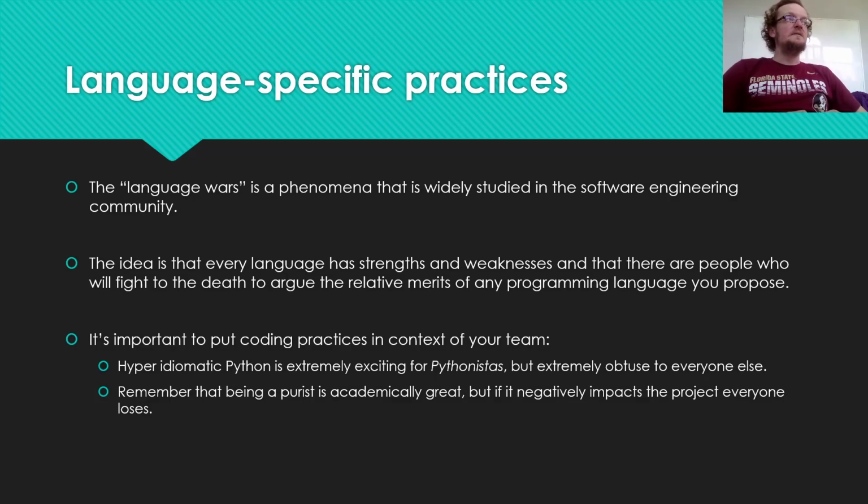So the best concrete example of what I'm talking about comes from group projects of old, right? So there are people that refer to themselves as Pythonistas who have the most idiomatic Python skills in the whole world.